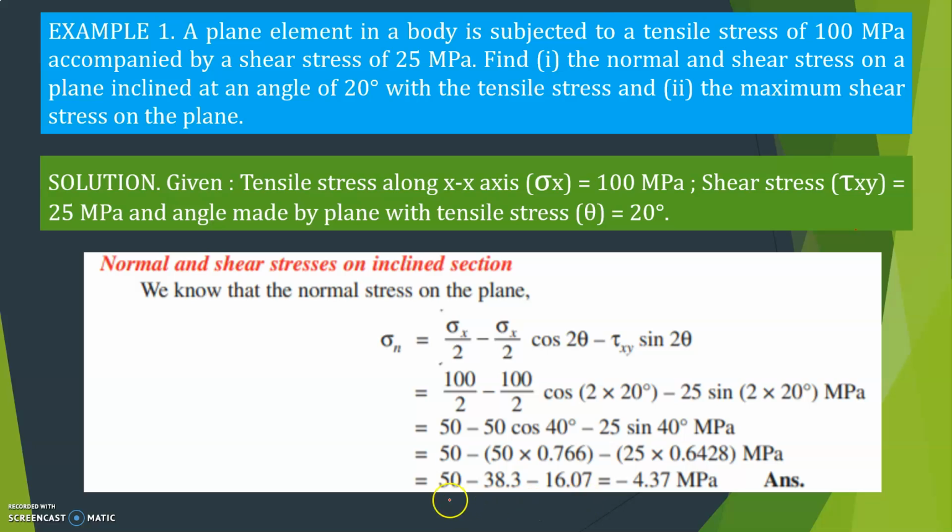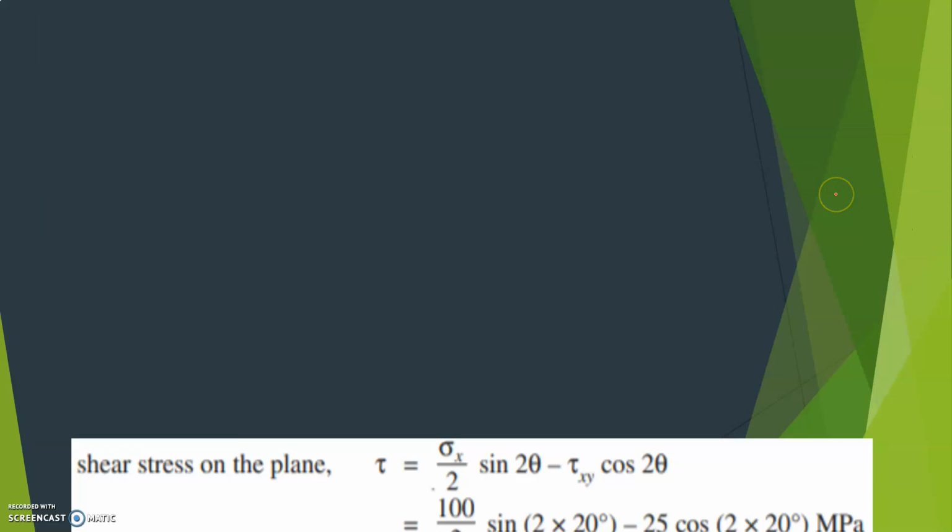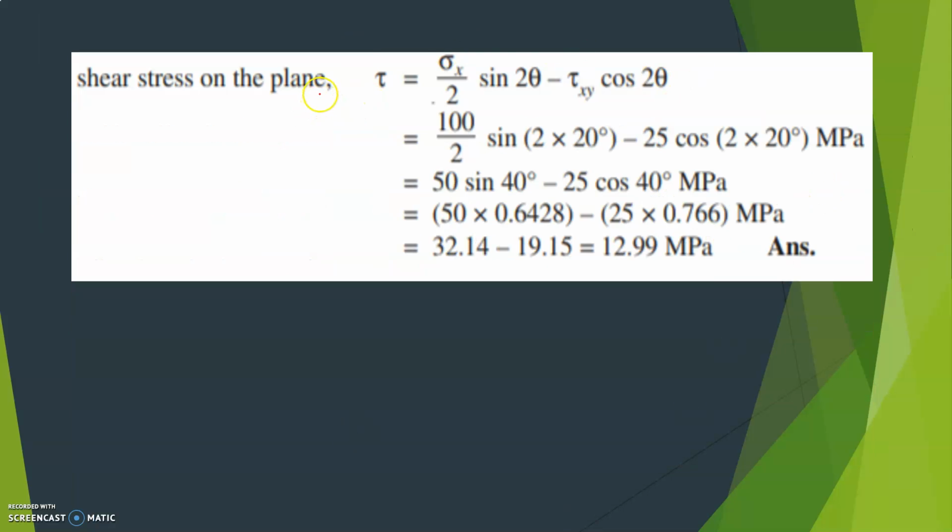Simplify this and you get the normal stress on the plane, sigma n equal to 4.37 MPa. This is the normal stress. Then we'll find shear stress. How to calculate shear stress? The shear stress formula is tau equal to sigma x divided by 2 into sine 2 theta minus tau xy cos 2 theta. What is sigma x?